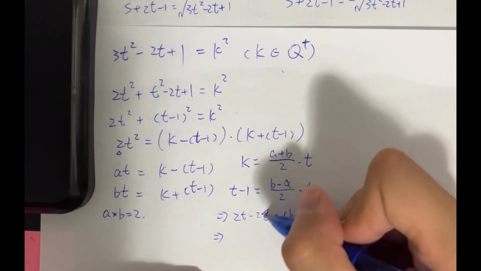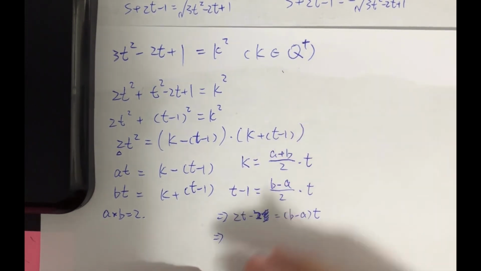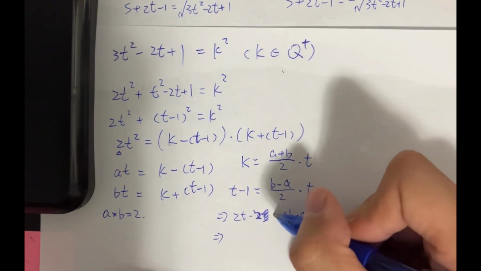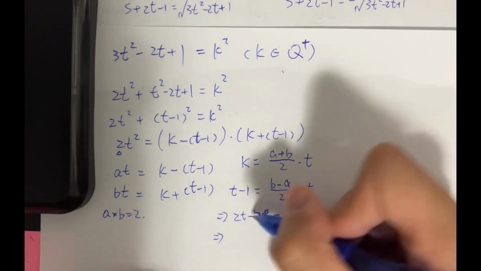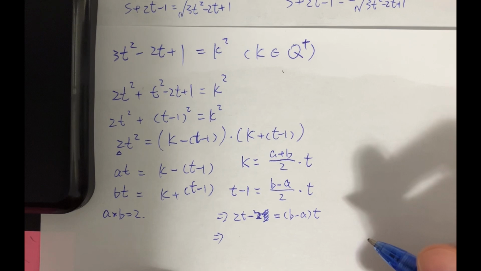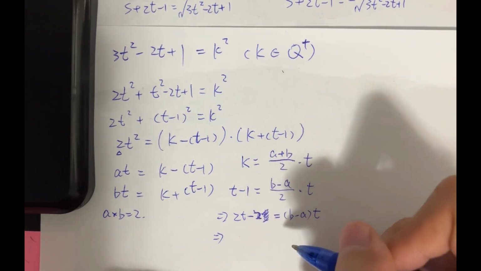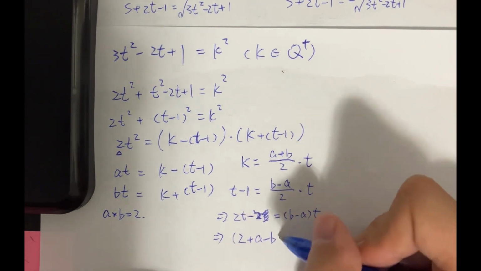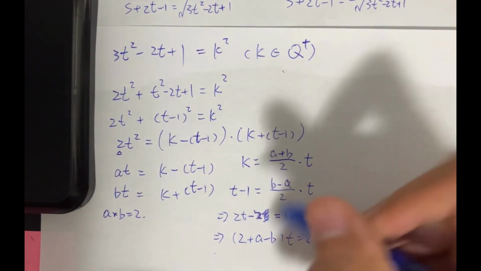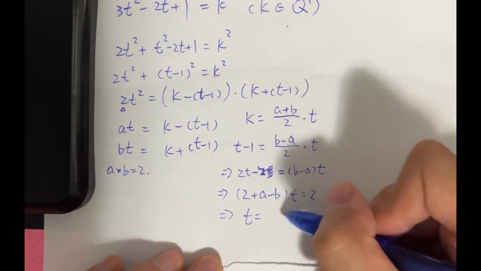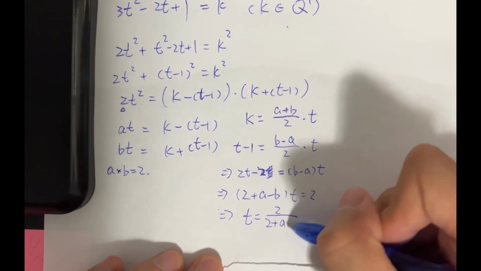Sorry, it is just 2. It's a constant here. And move it over, that is 2t minus 2. Yes, I think it is. Okay, and then what do we do here? Okay, move over. And this is 2 plus a minus b, times t is 2, meaning t is 2 over 2 plus a minus b. All right.